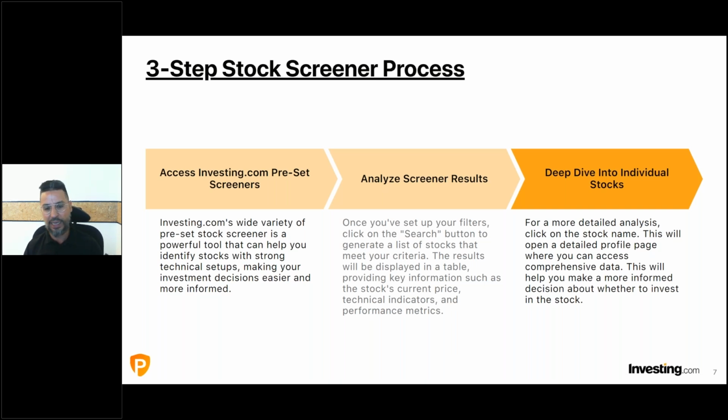So first, I start off with the preset screeners. I then, of course, analyze the screener results. This is even before I'm thinking of making any investment ideas. I just run the screeners, and I see if any names pop up on multiple screeners.